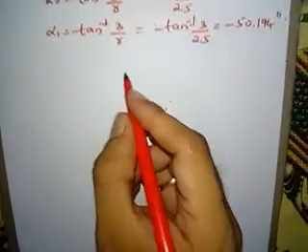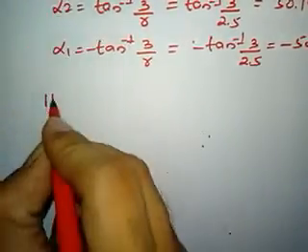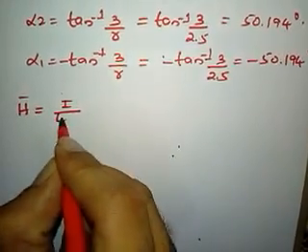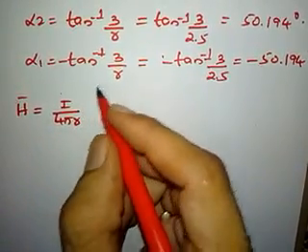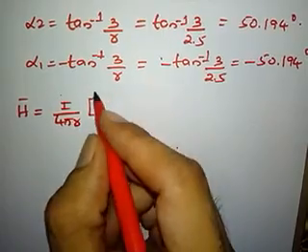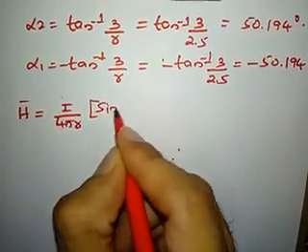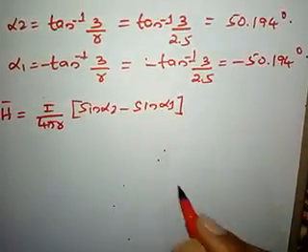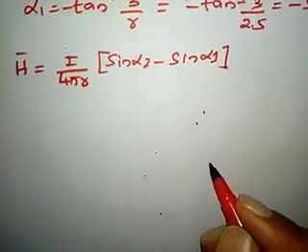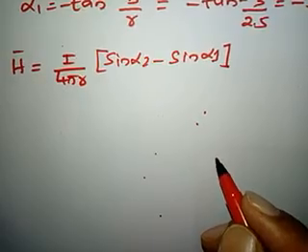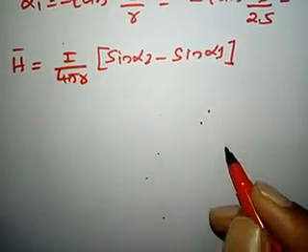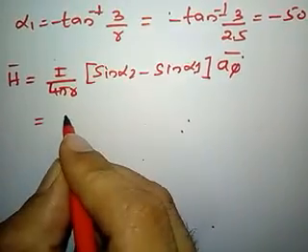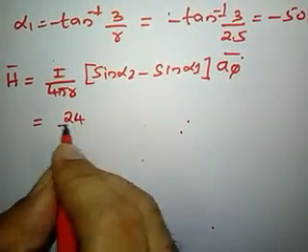Now let us substitute this alpha 1 and alpha 2 in the formula for H. H bar is given by I divided by 4 pi r for the finite long straight conductor, sine alpha 2 minus sine alpha 1, because he has given the coordinates. The conductor is extending from 0 to 6, so it's a finite conductor. I by 4 pi r, sine alpha 2 minus sine alpha 1, a phi bar. I is given as 24 ampere.